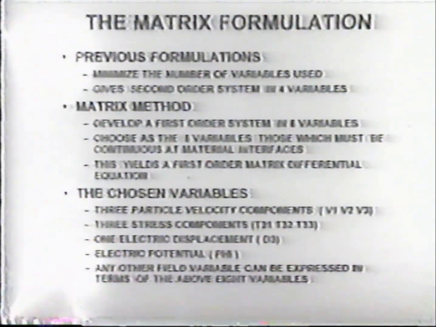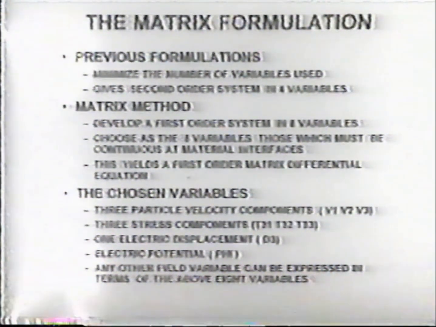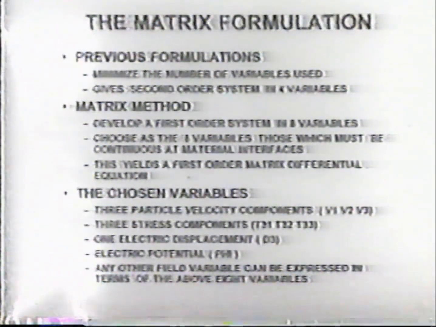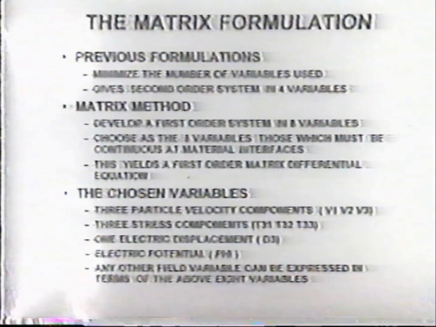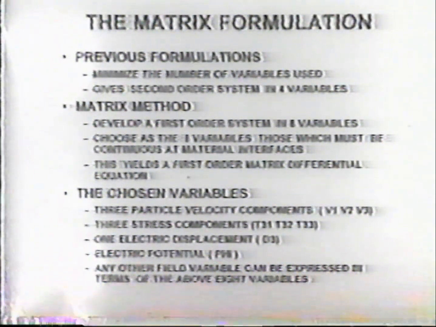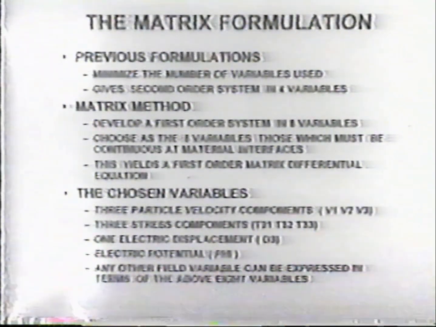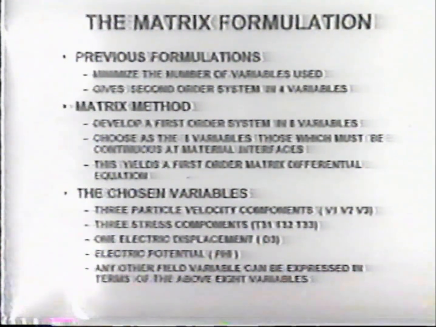So the variables that we will choose are the three particle velocities, which I call V1, V2, V3, and wherever you see 1, 2, and 3, you might sometimes see X, Y, and Z. I use them interchangeably, and I'll explain what this is.